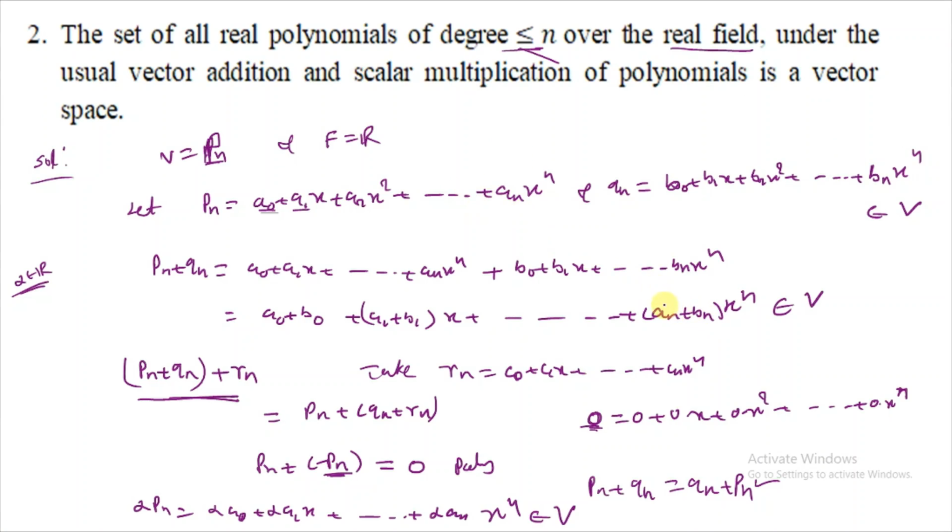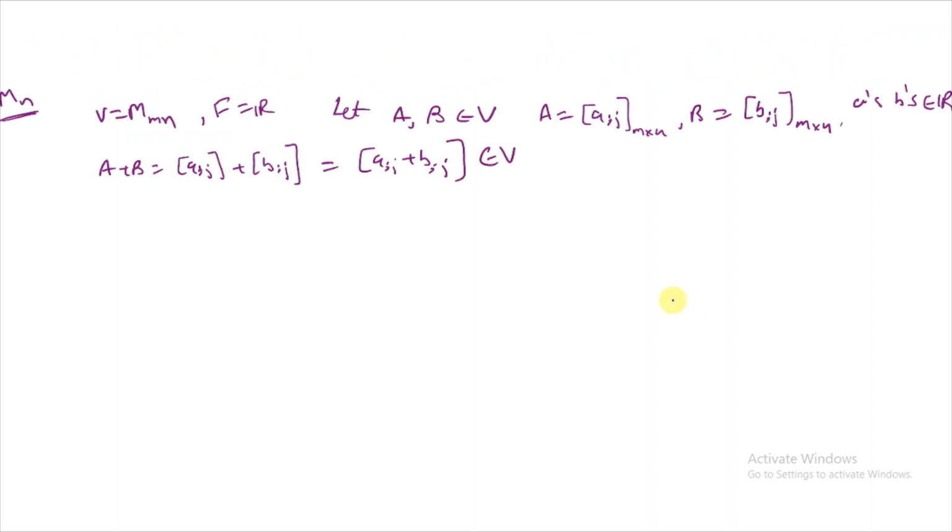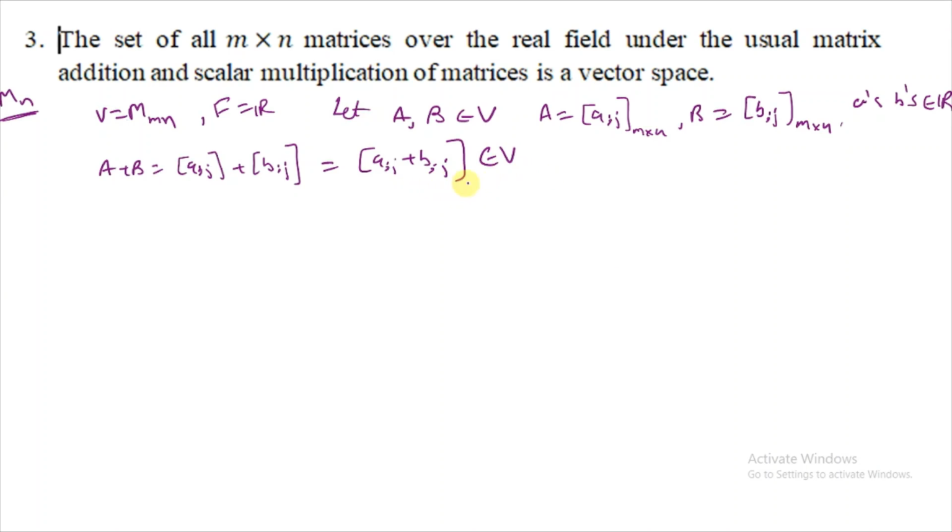That means it satisfies the closure property. Similarly, you can check the associative property. You already know matrix addition satisfies the associative property. For identity, the zero matrix is there, the zero m by n matrix.